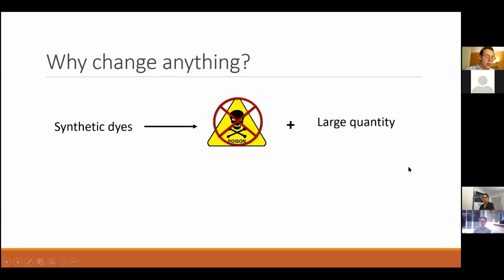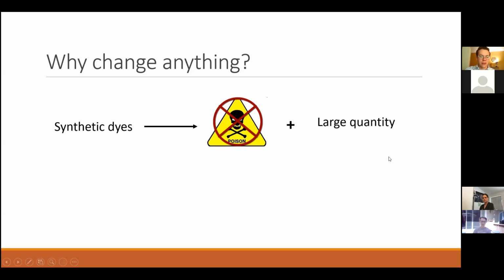So some of you may be saying, okay, well, why change anything? It seems like a perfectly fine lab to me. And I want to point out again that Daniel Demers was saying that this is the lab that creates the most amount of hazardous waste.